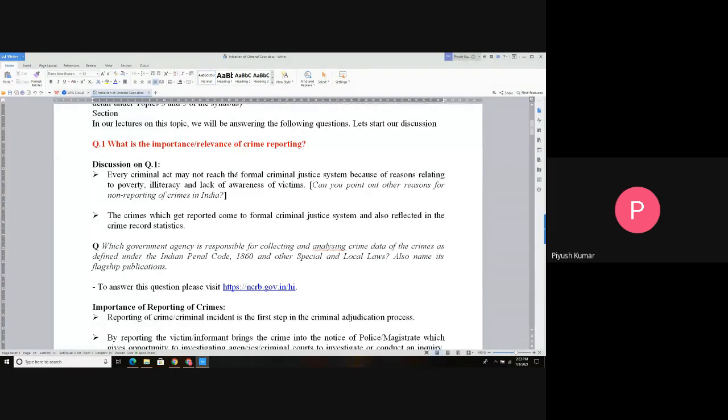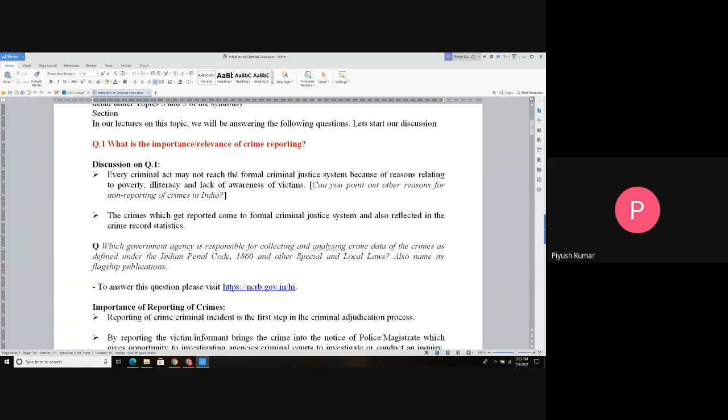If you want to know more about the crimes which are reported, about their nature, about their severity, about their number, then the government prepares statistics of how many crimes are being reported in different parts of the country.